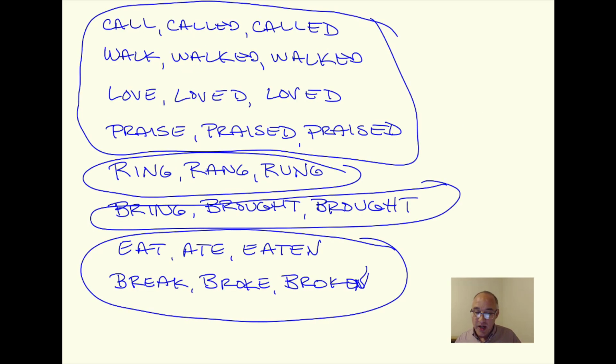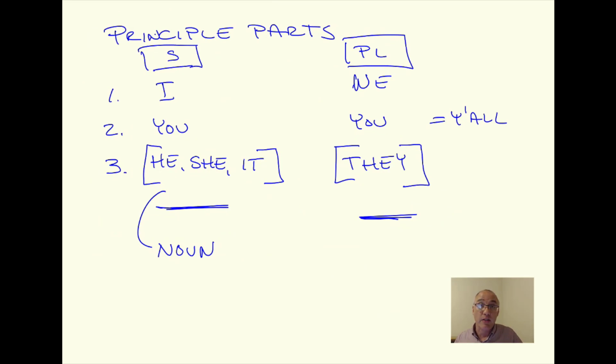So, now that we have our verbs, and now that we have our subject, we can fully conjugate an English verb. Where do you want to start? I walk. You walk.